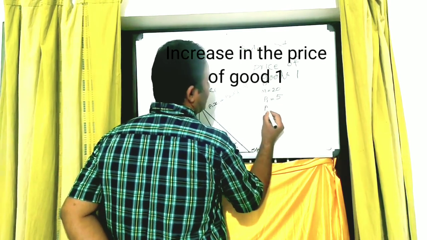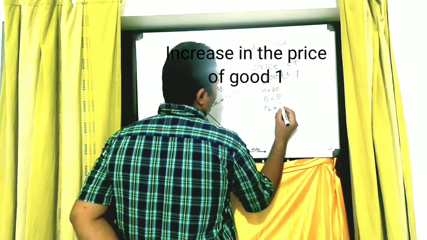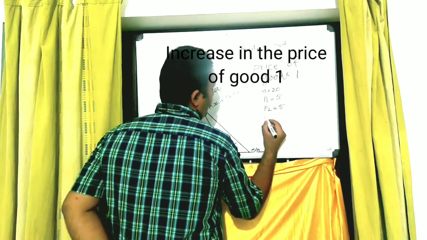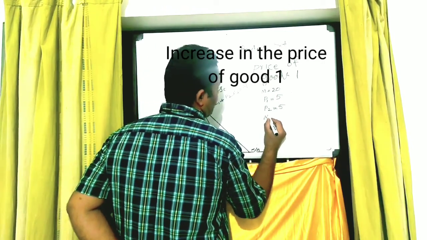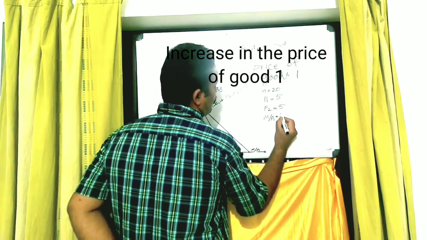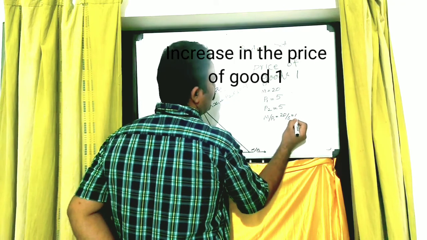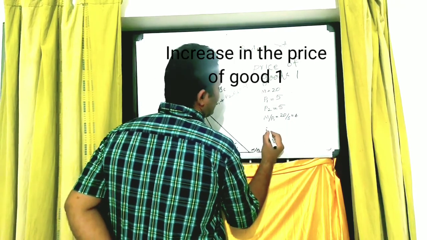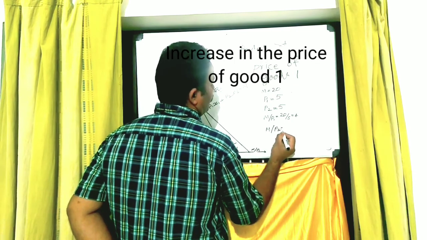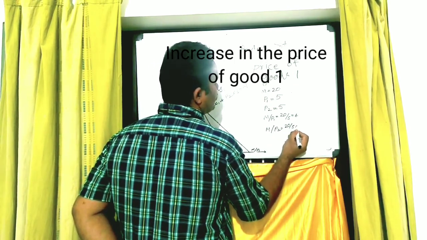Price of the second commodity or good 2, that also will be 5. Then horizontal intercept M by P1, that is 20 by 5 is equal to 4. Vertical intercept M by P2, that is 20 by 5, that is 4.